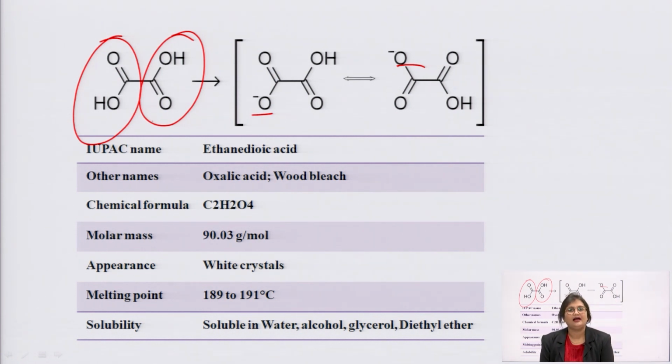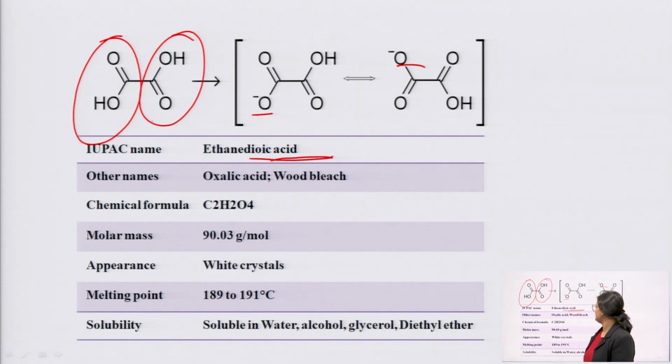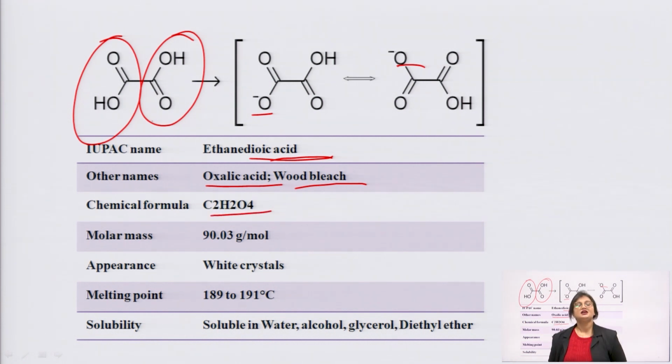It has an IUPAC name, ethane dioic acid. Other names of oxalic acid include wood bleach. The chemical formula of oxalic acid is C2H2O4.